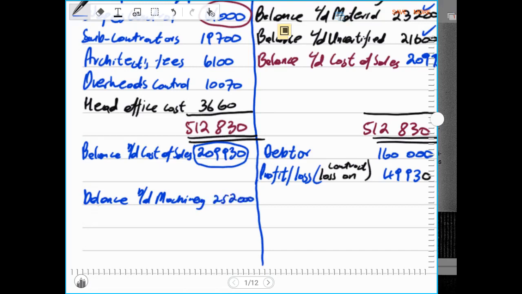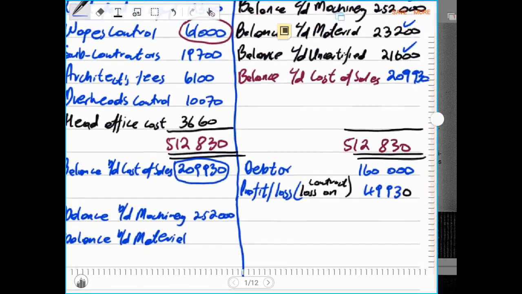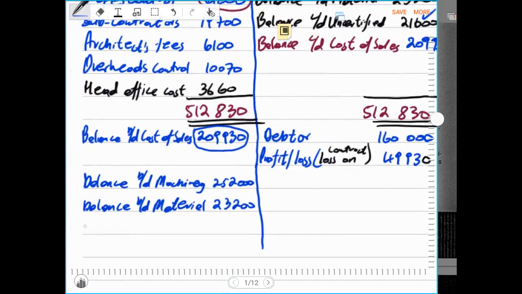Then balance brought down for the material, which is 23,200. Then balance brought down for the uncertified work.